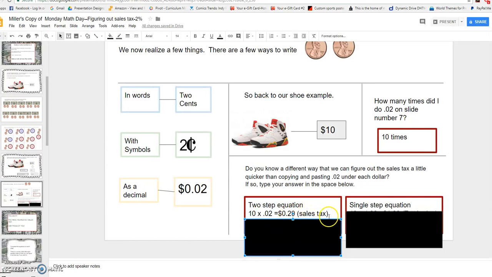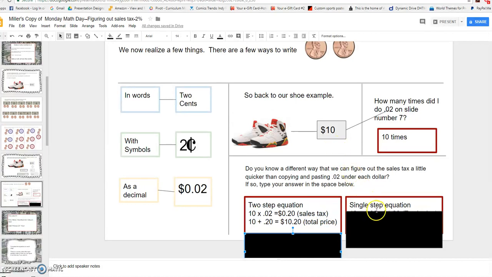And so that is my sales tax. So then the next thing that I would need to do is add my sales tax to the price, to the $10. So $10 plus 20 cents, because that's how much I have to pay in sales tax, is $10.20. So that is the amount that I would have to pay for the shoes.